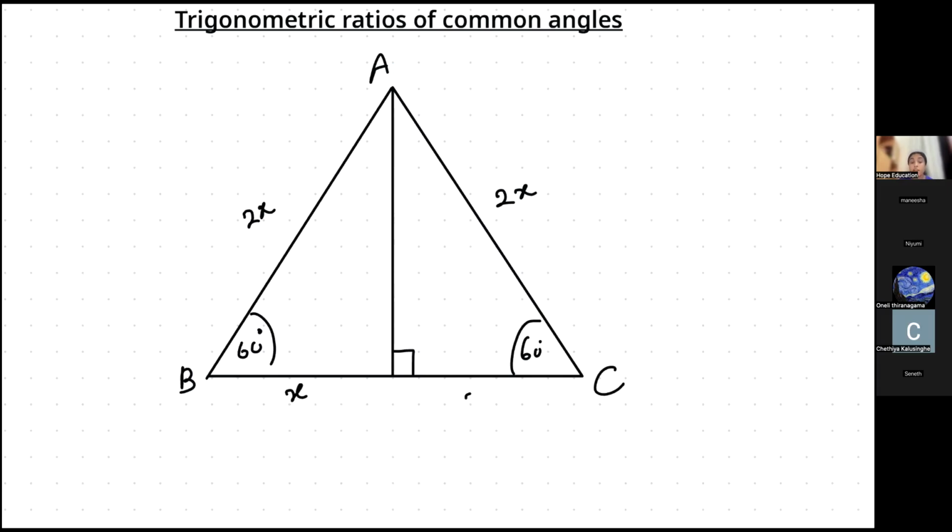We also know in an isosceles triangle, when you draw a perpendicular from the apex to the opposite side, that will divide this angle also into equal parts. This entire angle is 60 degrees. When you divide into equal parts, this is 30 and this is 30. Okay.